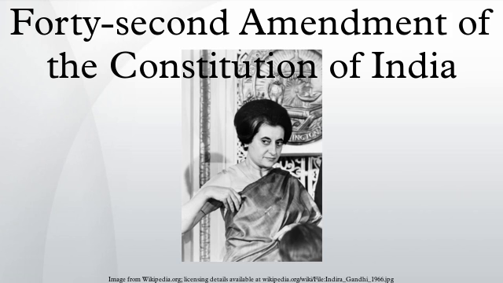The 42nd Amendment gave primacy to the directive principles, by stating that no law implementing any of the directive principles could be declared unconstitutional on the grounds that it violated any of the fundamental rights. The amendment simultaneously stated that laws prohibiting anti-national activities, or the formation of anti-national associations could not be invalidated because they infringed on any of the fundamental rights.